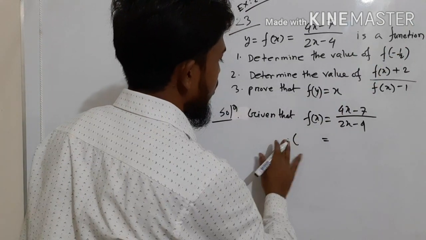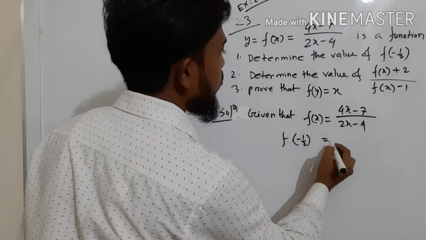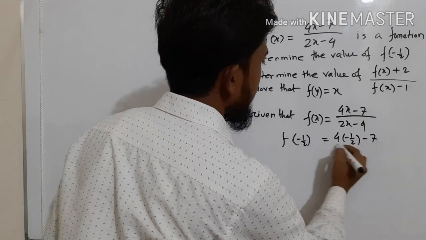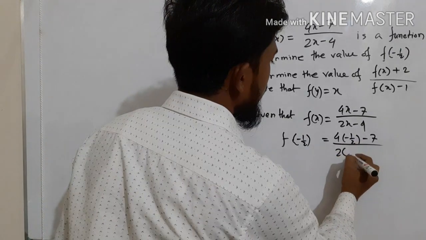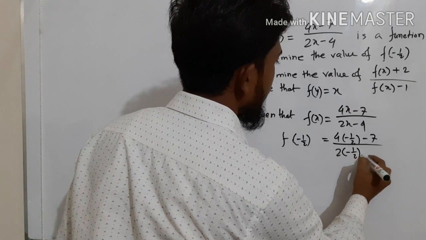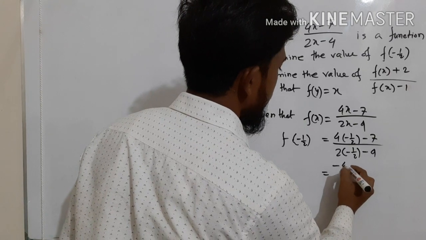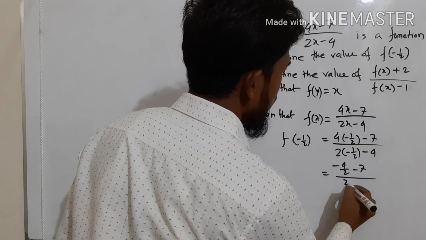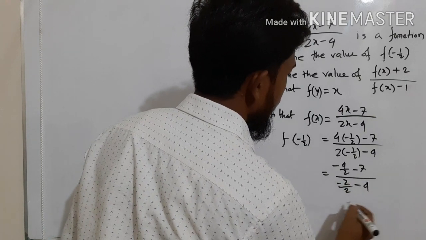So f of minus half equal to 4 into minus half minus 7 divided by 2 into minus half minus 4. So this is minus 4 by 2 minus 7 and 2 by 2 minus 4.